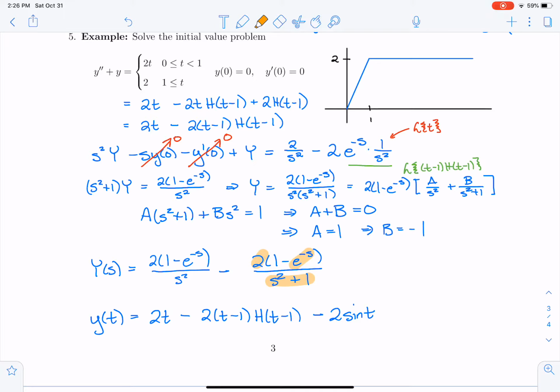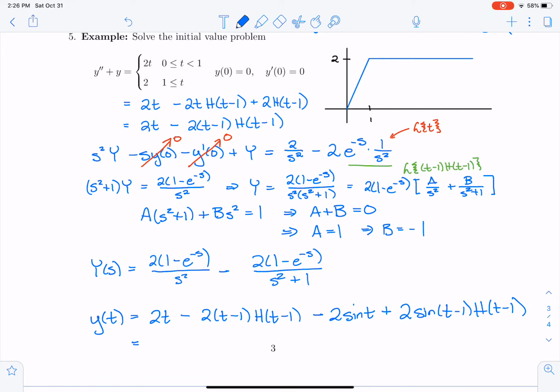So I'm taking the inverse Laplace transform of the same function, but now I have this e to the minus s in there. Notice that I have a minus sign there and a minus sign there, so that's going to give me a plus. I'm going to get 2 sine of t, but not sine of t, because I have an e to the minus s there. That's sine of t minus 1, and then Heaviside of t minus 1.